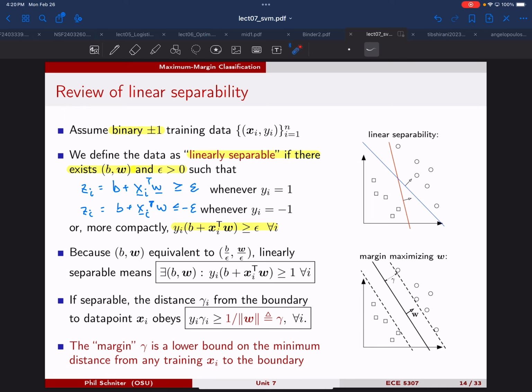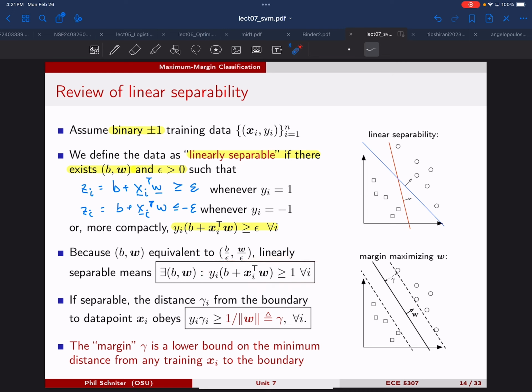Okay. And, you know, this doesn't necessarily hold for all b and w. Even if the boundary is in the correct place, b and w might not be scaled properly to have this true for all samples. But that's okay because we can just scale them simultaneously, and eventually we'll find a pair where the boundary is the same, but this is true for all samples.